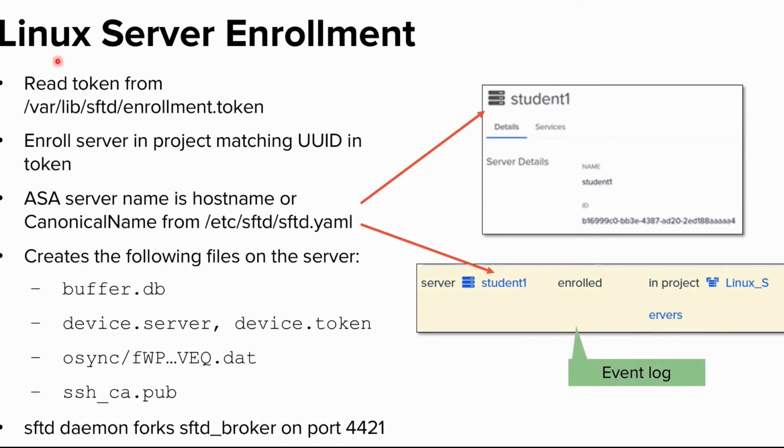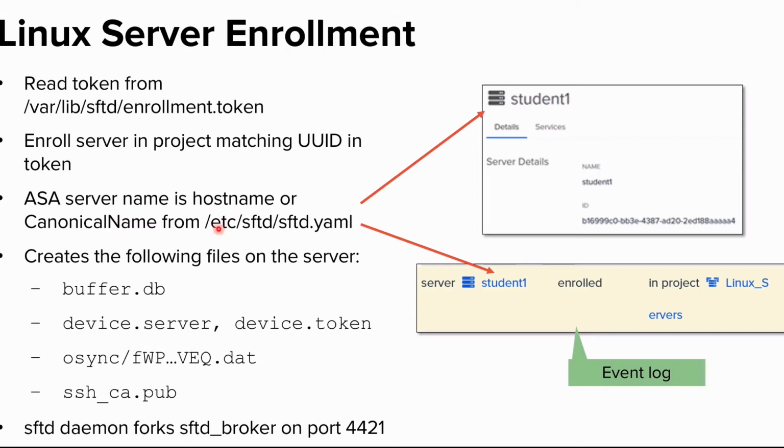When it comes time for the agent to enroll the Linux server, it's going to read the token from that enrollment.token file. It'll enroll the server based on the project UID. If you've configured a YAML file with a canonical name, that's the name that it will use when it registers the server.